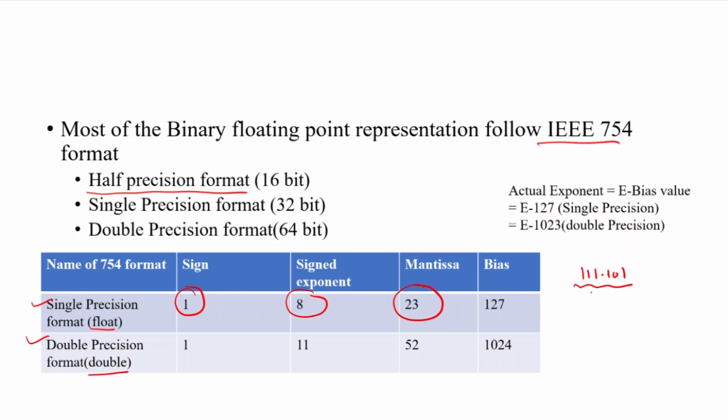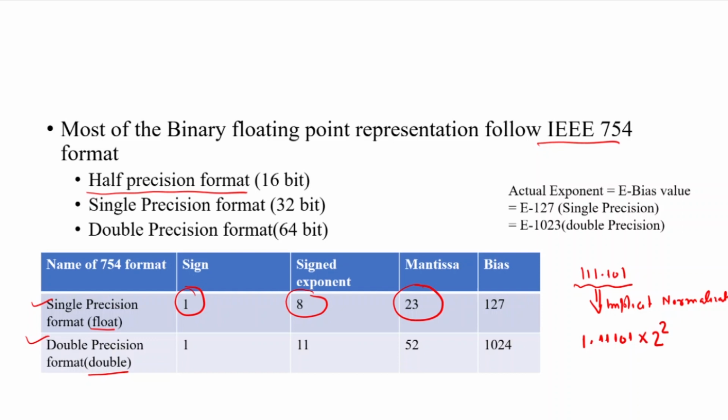For writing it with implicit normalization, we shift the binary point 2 places to the left. So this is 1.11101 multiplied by 2 to the power 2, because the binary point is shifted 2 places.